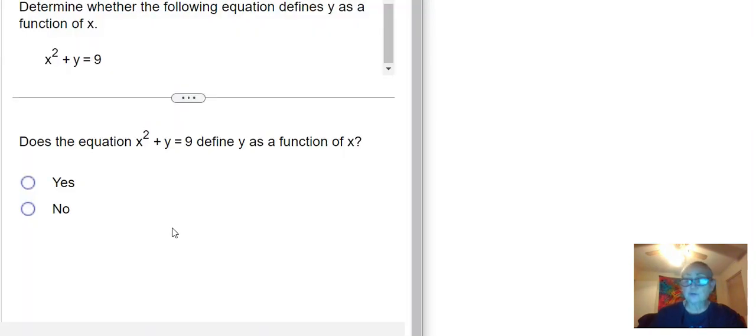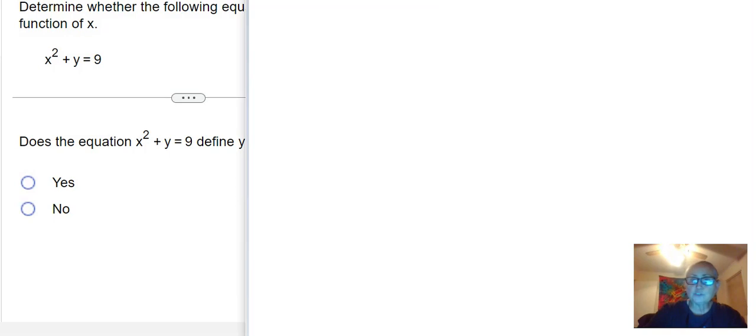Now we have to determine whether or not an equation represents Y as a function of X. Do we have a function here where Y can be determined by the values of X and be determined uniquely? There's only one thing in this course that you have to worry about not being a function where Y is a function of X, and that is if you have Y squared.